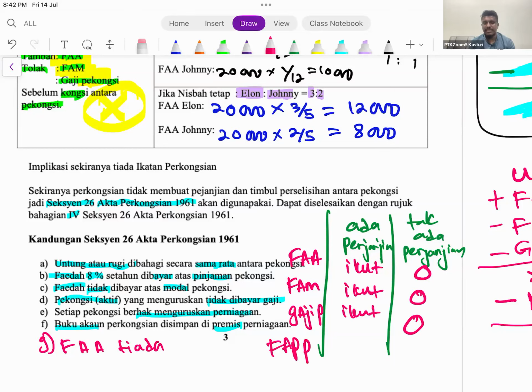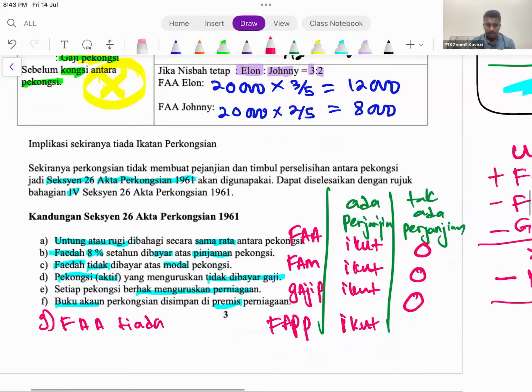Next one is faedah atas pinjaman perkongsi. Kalau ada perjanjian, kita ikut perjanjian. Kalau tak ada perjanjian, berapa? Adakah kosong? No. Faedah atas pinjaman will be 8%. And last one, kongsi untung. How are you going to share the untung atau rugi?